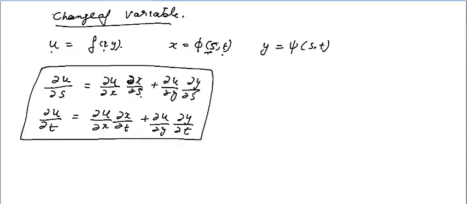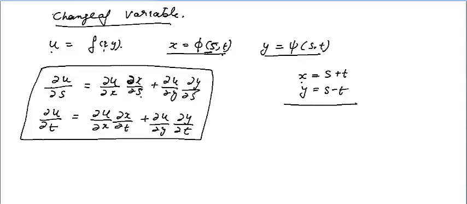Okay. So what is the fundamental of change of variable? Like I gave the example in yesterday's lecture. Let us suppose x is equal to s plus t and y is equal to s minus t. Now x is depending upon s and t, and y is depending upon s and t.